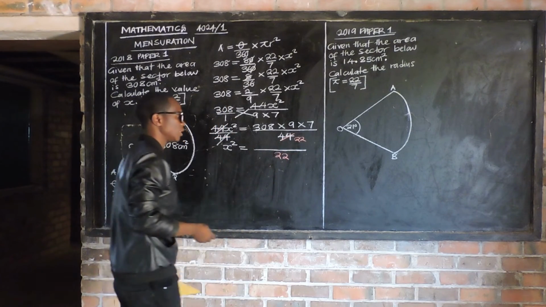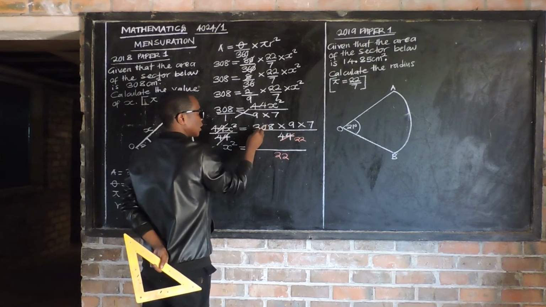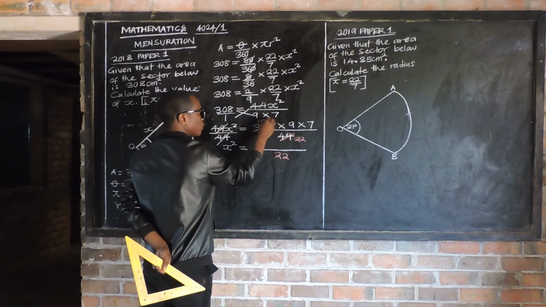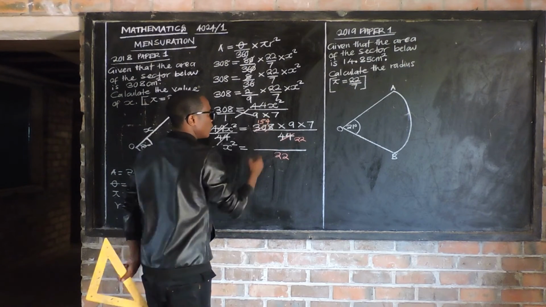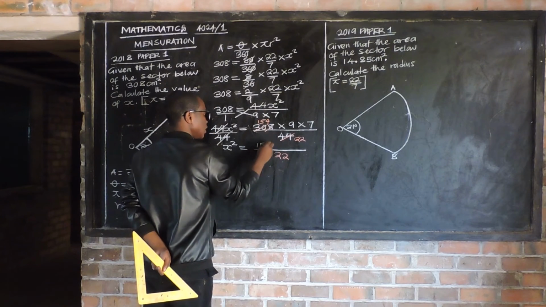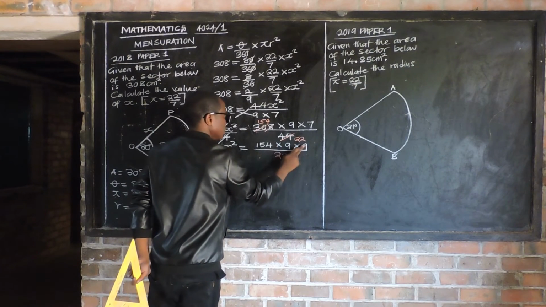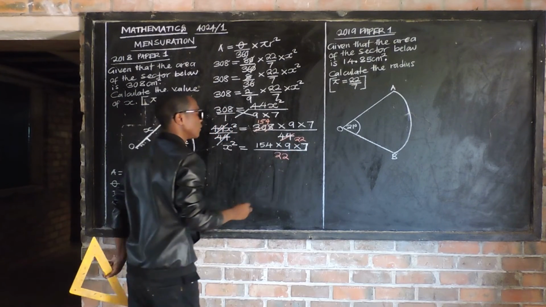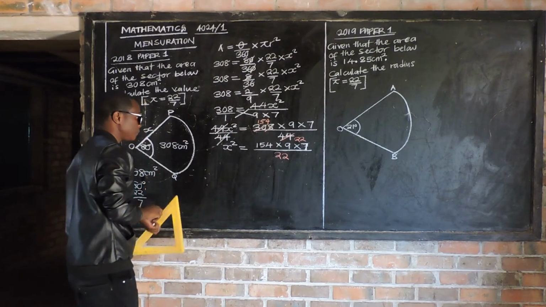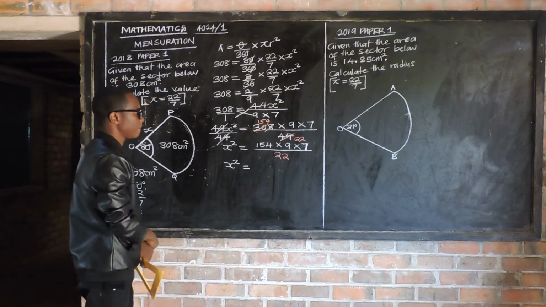Then 2 into 308 you get 154, multiplied by 9 multiplied by 7. Take note, this is 7. You maintain x squared is equal to, and you can still reduce.